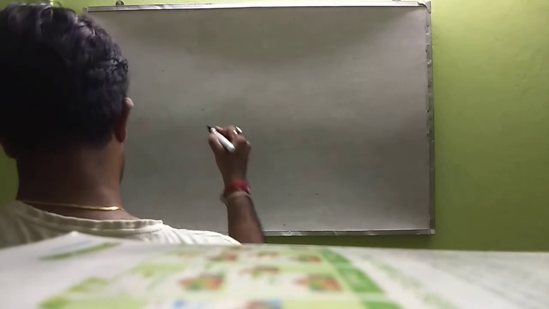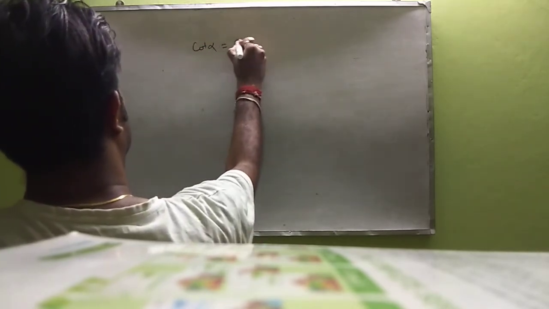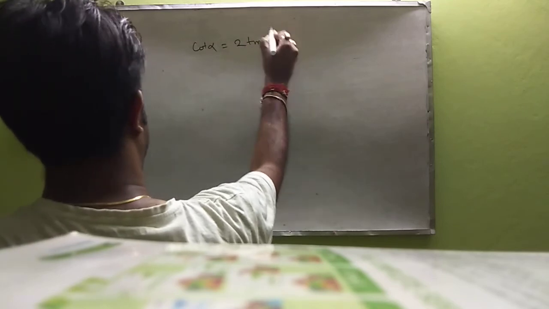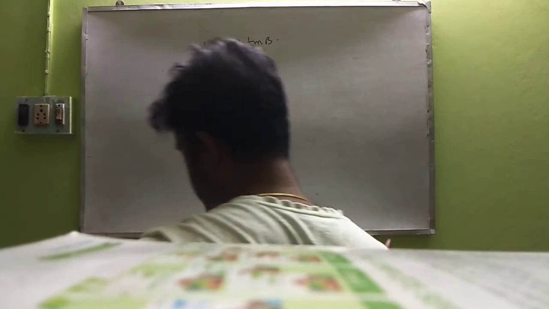It is given that cot alpha is equal to 2 tan beta.